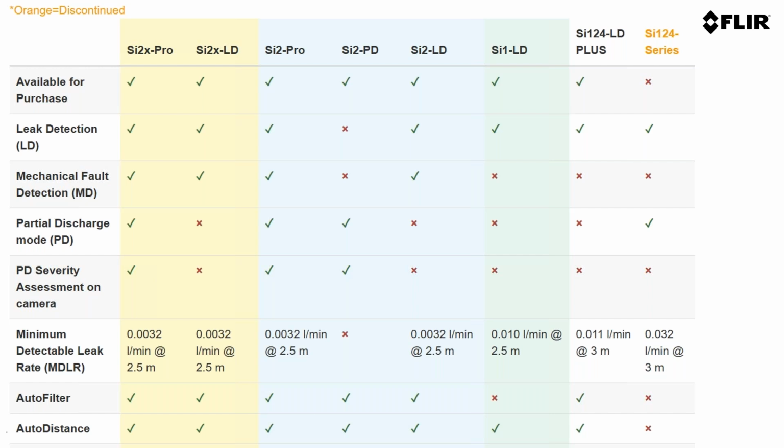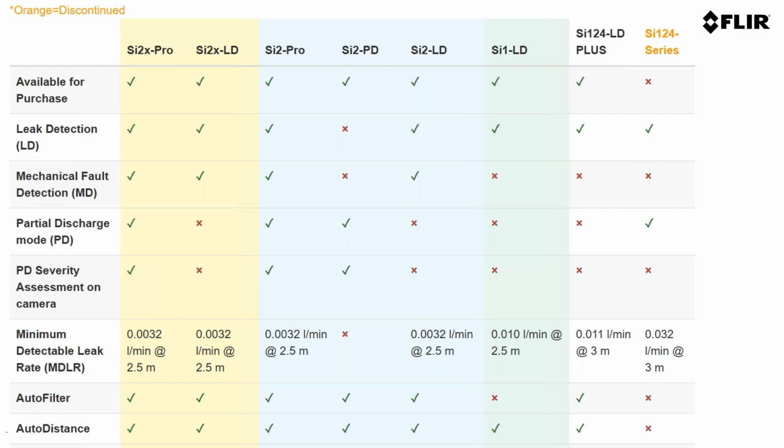Then another important point is the minimum detectable leak rate. This is one of the specifications that means the camera sensitivity, or how small leaks the camera can detect. And of course, for the SI2 series, from the SI2X as well as the SI2, we have the best minimum detectable leak rate.